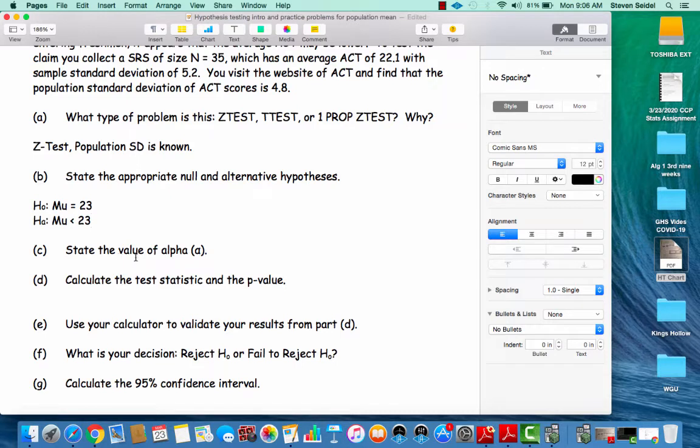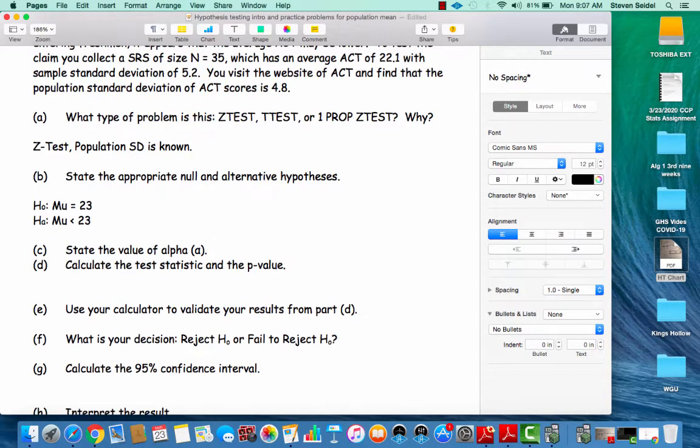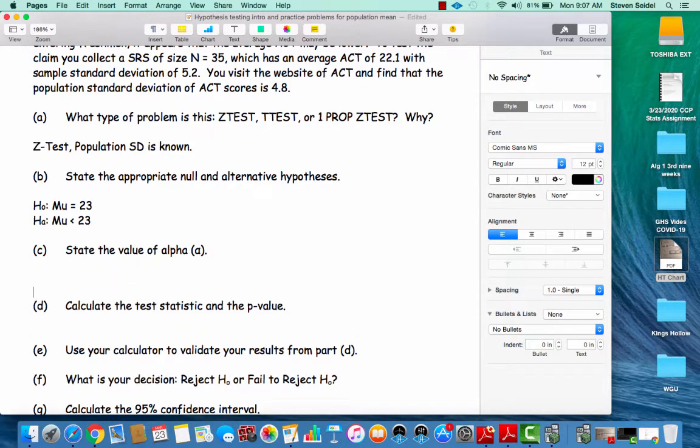C, state the value of alpha. Alpha is that fish-shaped looking symbol. If you don't have an alpha level given, your alpha level is going to be 0.05.